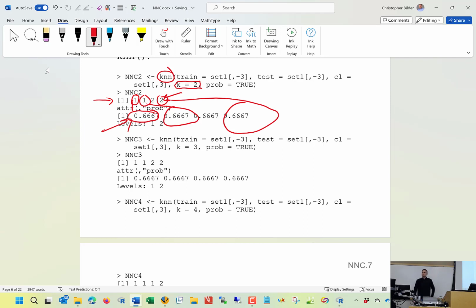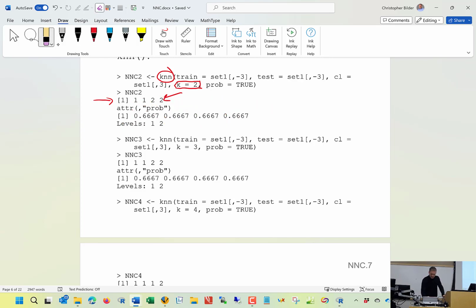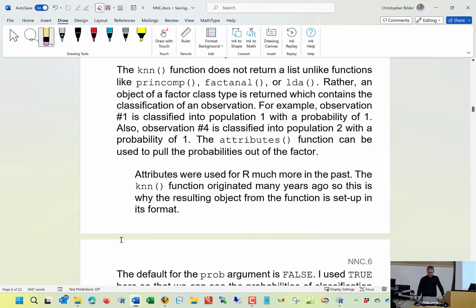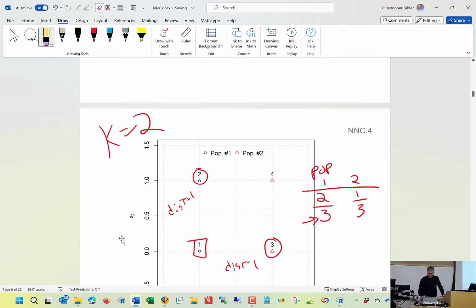Why is the second group 2? I thought that it should also be 2, since the distances are the same. Okay. So I think your question is, why is this 1 over 3? That's because this is observation 1 and 2, and this is observation 3.